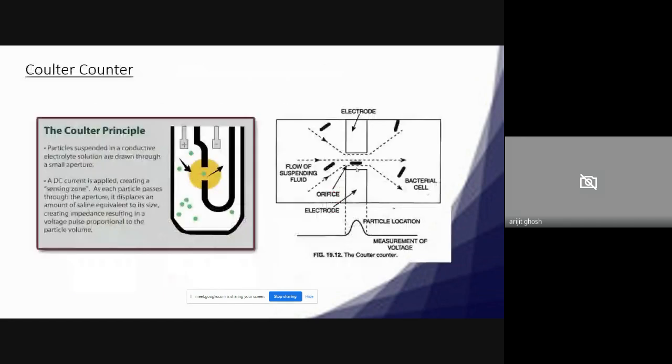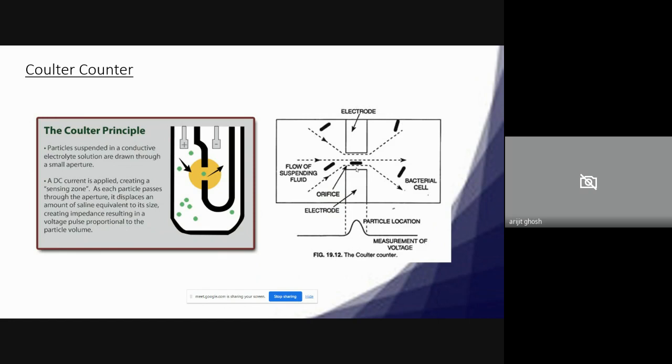Now let's describe the Coulter counter first. It was basically a machine where particles are suspended in a conductive electrolyte solution and drawn through a small aperture.